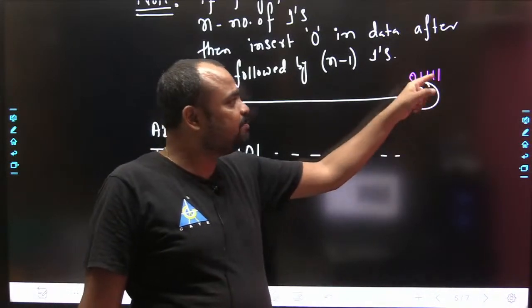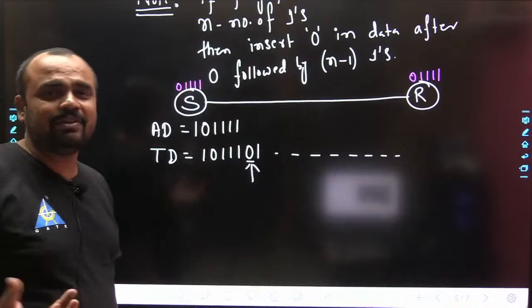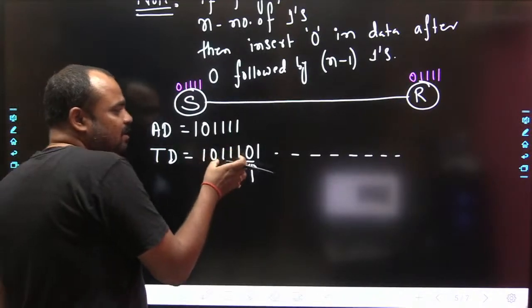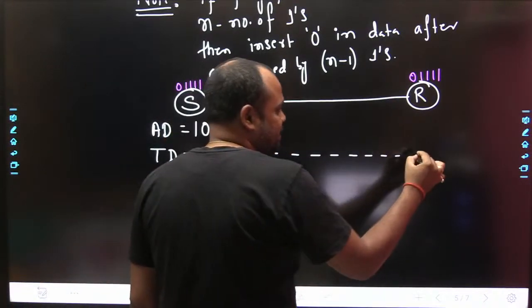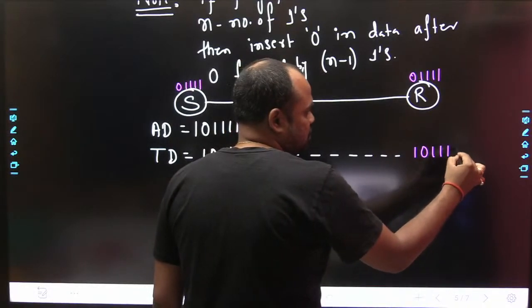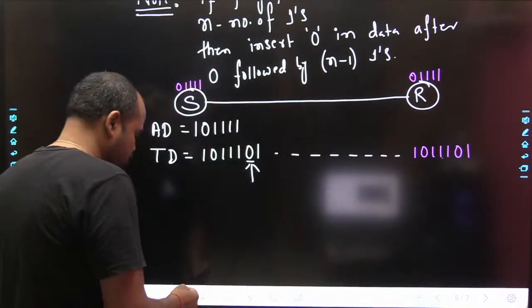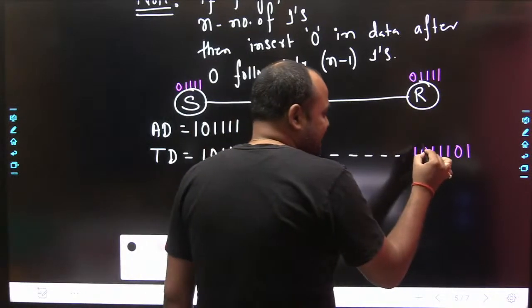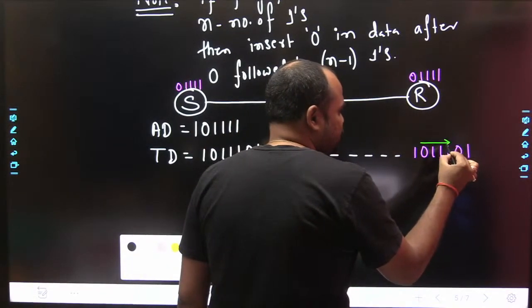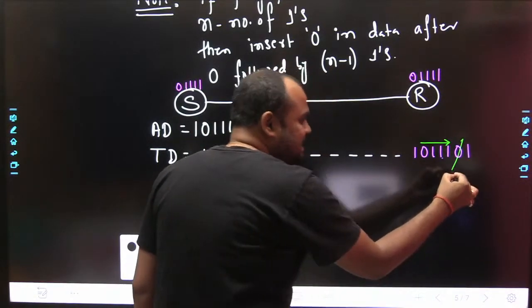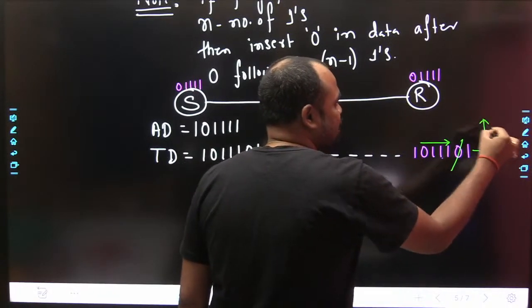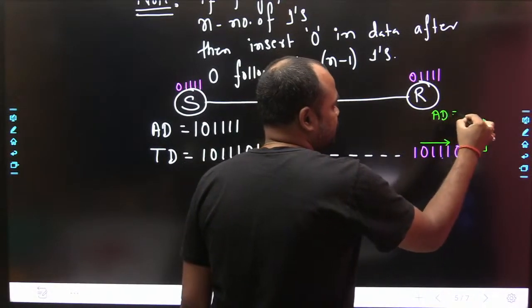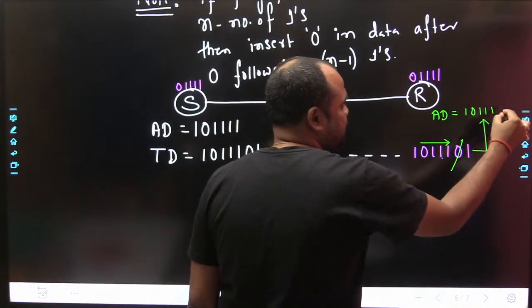So whenever the receiver receives this data, after scanning 0 followed by 3 number of ones, the receiver will simply delete this bit and will receive the actual data, that is 1 0 1 2 3 4.